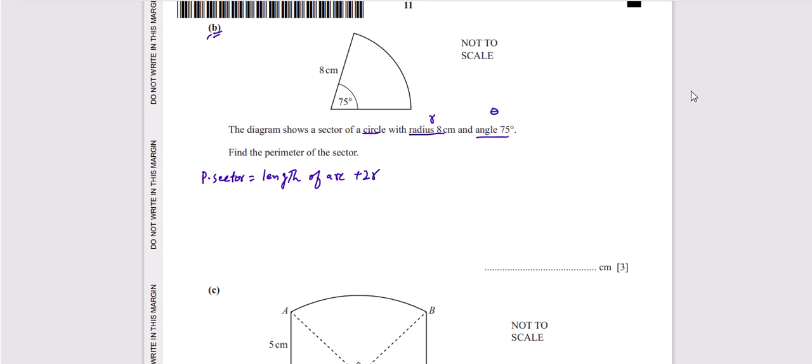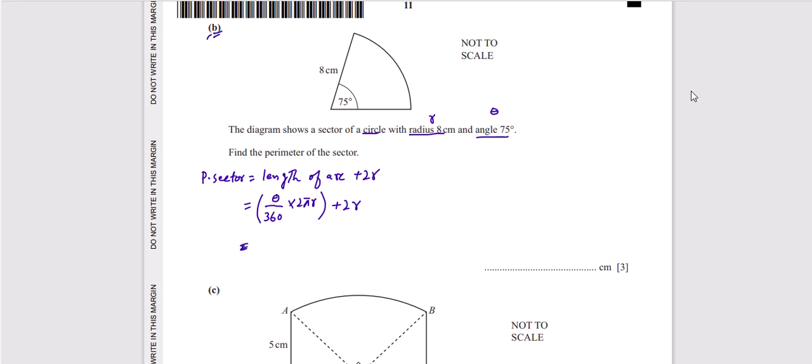The length of arc has the formula theta divided by 360 multiplied with 2 pi r, plus 2r.